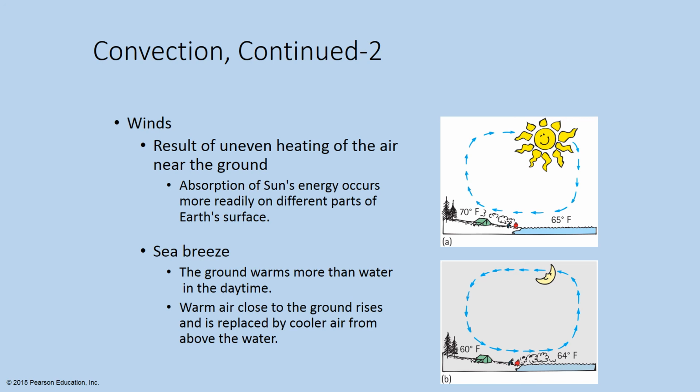So the air over the water is going to rise upwards, and the colder air from over the land is going to rush in, and therefore we get an outward breeze, or a breeze that is pushing outward towards the ocean. That is also visible by the smoke from the fire that is now being blown towards the ocean in the nighttime period, as opposed to towards the land in the daytime period.